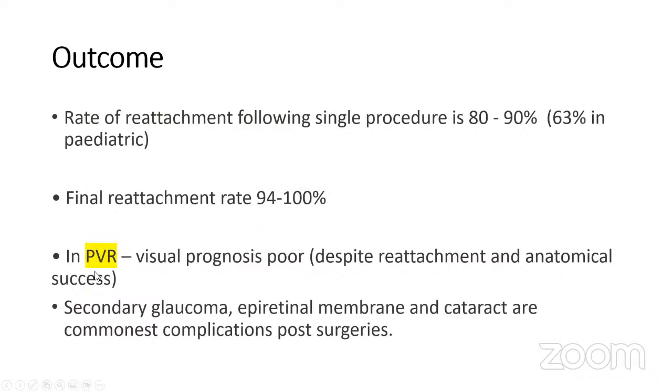In cases with PVR formation, the visual prognosis is poor despite reattachment and anatomical success. And bear in mind, following giant retinal tear surgeries, patients usually have secondary glaucoma, epiretinal membrane, and cataract as the commonest complications.